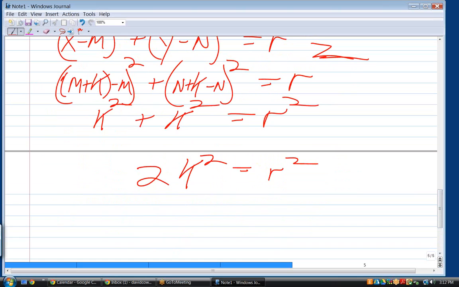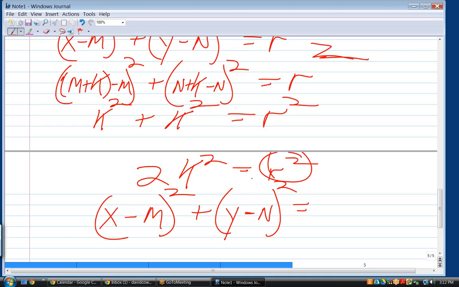And what did they want for this as an answer? They want the standard equation. Okay. So if r squared equals 2k squared, then let's write it in standard format. x minus m. We don't know what m is. We don't know what k is. But they're looking for this kind of an answer.